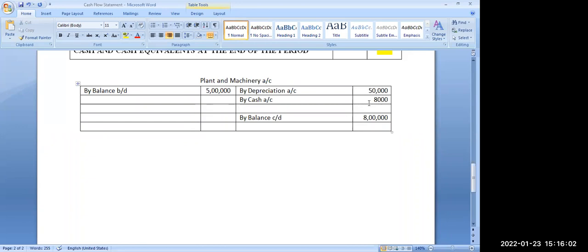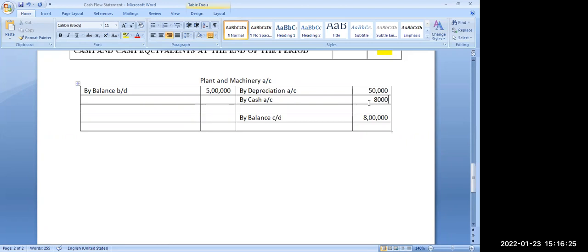We bought a machine for 12,000, and that machine is now sold for 8,000. But the machine purchased for 12,000 has been provided depreciation of rupees 7,000. Then what will be the depreciated value of that machine?